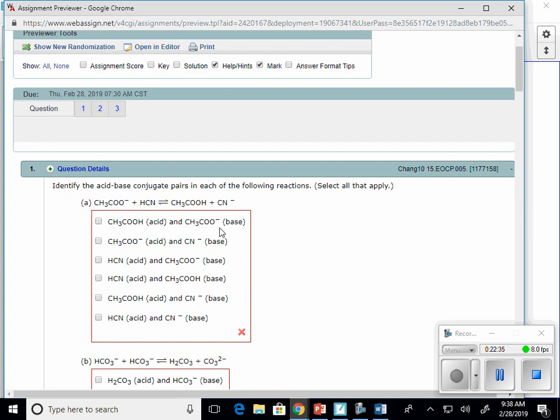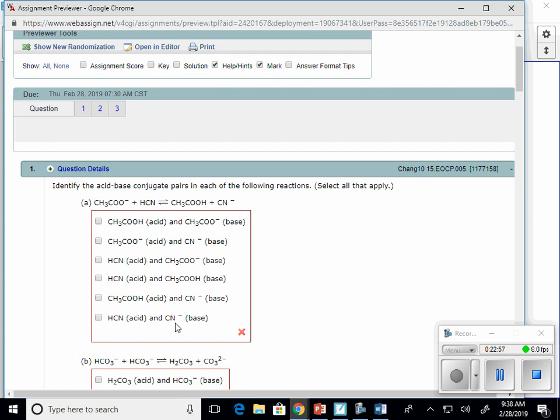For example, in this first one, I would know HCN is an acid. And after it loses its hydrogen, here is its conjugate pair, the CN-, its conjugate base. So I would make sure to click the box that labels HCN as an acid and CN- as its base.